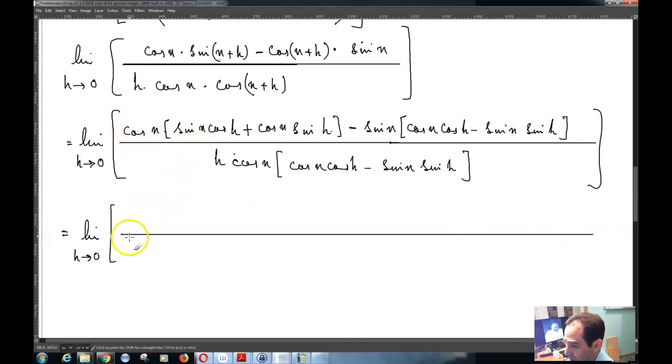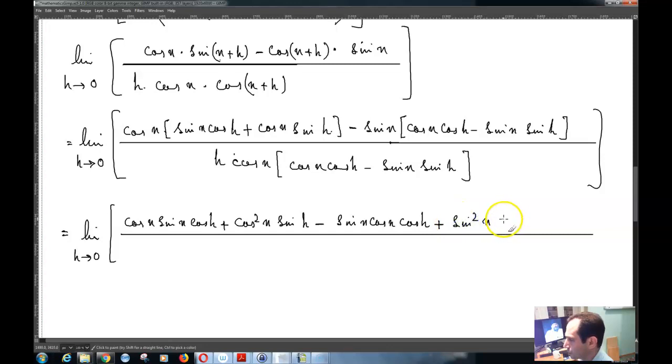Which is cos x sin x cos h plus cos squared x sin h minus sin x cos h plus sin squared x sin h. There is no such thing in here.